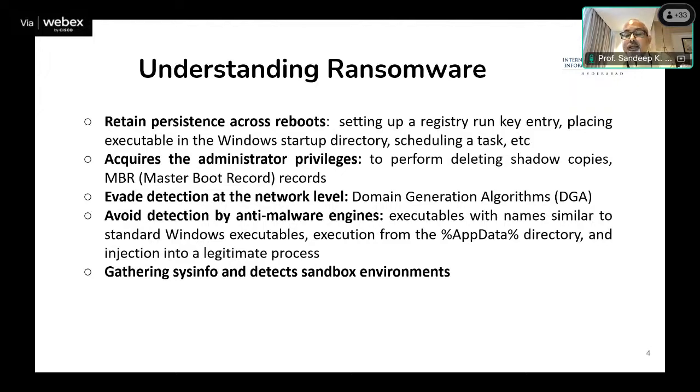So if you know the command and control server IP address or domain name, then if you see in your network, DNS or other traffic using that particular domain name, you could detect that you are being affected by ransomware. So in order to avoid that, they also do dynamic generation of domain names.